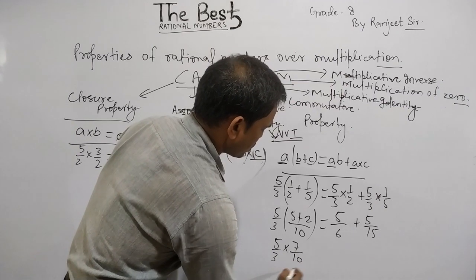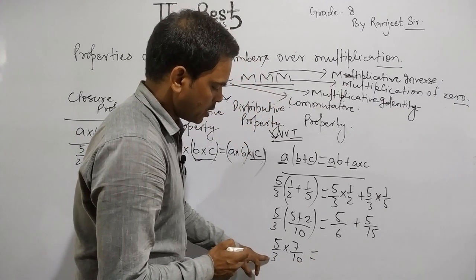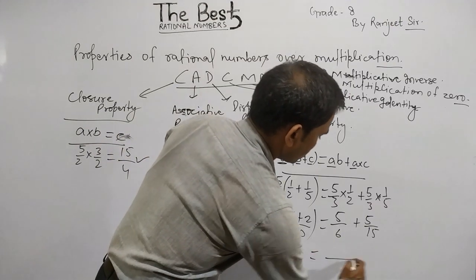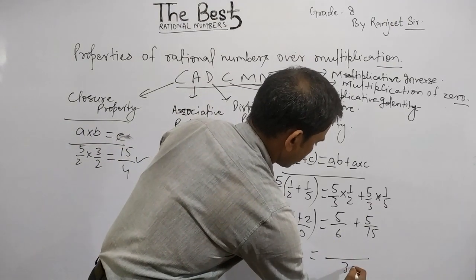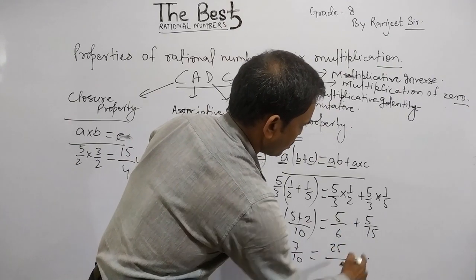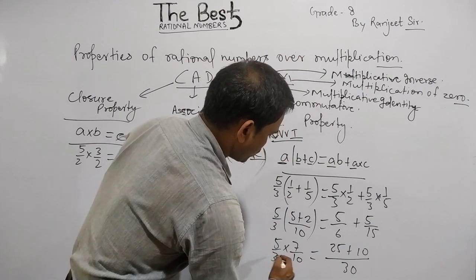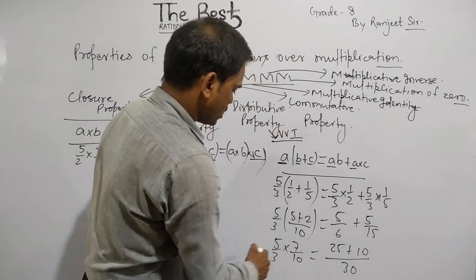So on this side you can see what you are getting, 5 7s are 35 and 3 10s are 30. When you take the LCM on this side, you will get 30 only. 6 5s are 30, 5 5s are 25, and 15 2s are 30, 5 2s are 10. So let's see what is coming on this side.